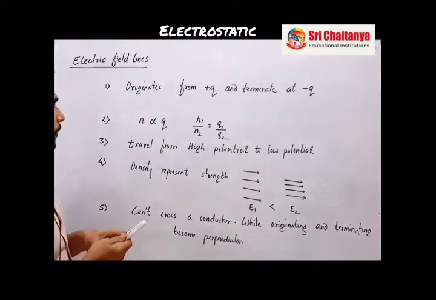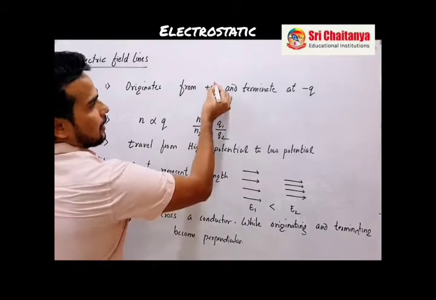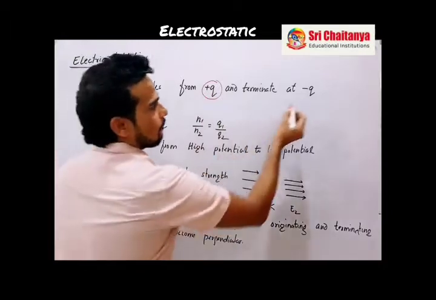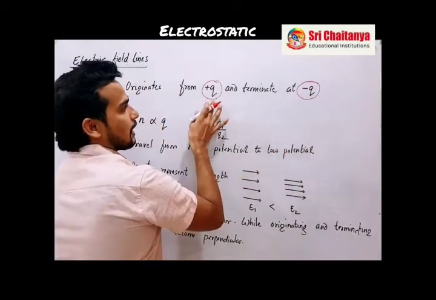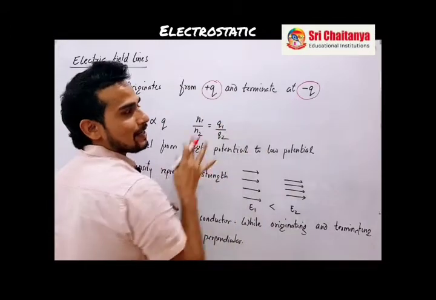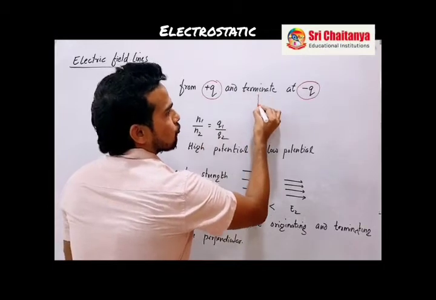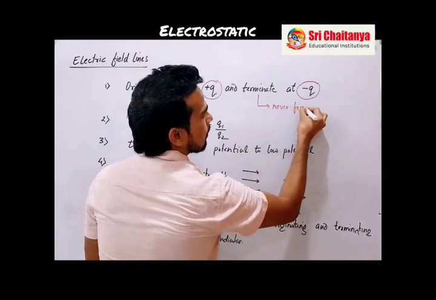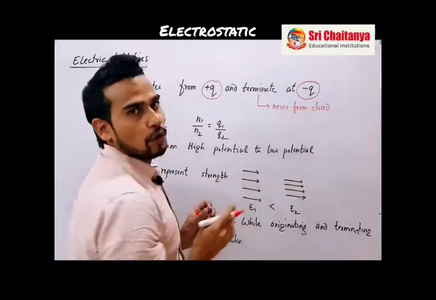So first thing, always remember electric field lines will originate from plus charge and they will terminate at negative charge. Means they will start from positive charge and they will end at negative charge. That means they will never form closed loop. You will never get closed loop, and hence they will also be discontinuous.